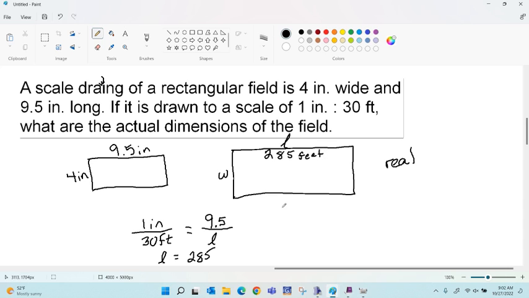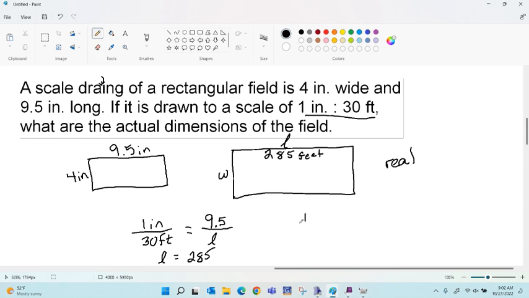And our width here, how would I set up that proportion? We still have to deal with the 1 inch and 30 feet. Eli?